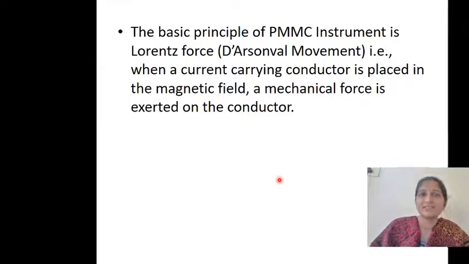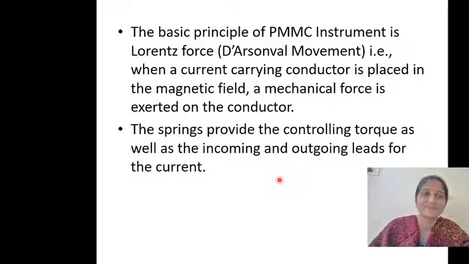So now, the basic principle of the PMMC instrument, as I explained, is Lorentz force. That is the D'Arsonval movement. When a current carrying conductor is placed in the magnetic field, a mechanical force is exerted on the conductor. That force is called Lorentz force.